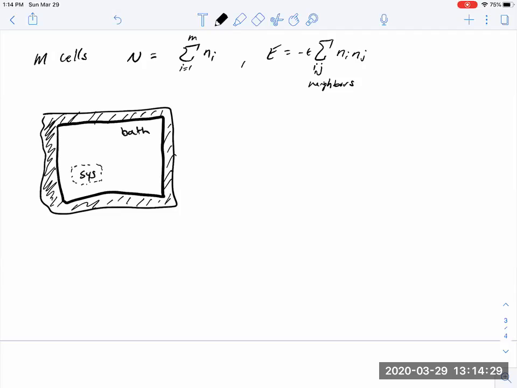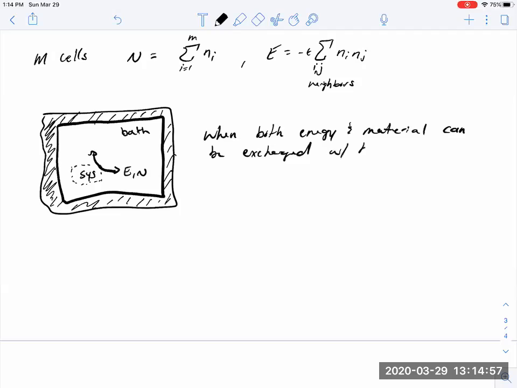This model allows for exchange between the system and the bath of energy and number of particles. And when both are allowed to exchange, then the probability of my microstate has to be adapted.